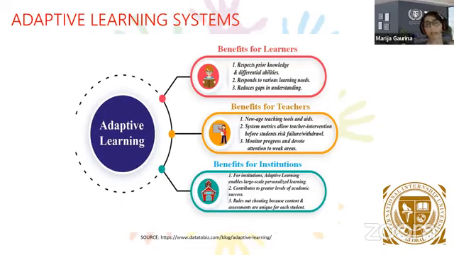So you can see here adaptive learning: benefits for learners, benefits for teachers, and benefits for institutions. Benefits for learners are that it respects prior knowledge, differential abilities, responds to various learning needs of every learner, and reduces gaps in understanding.